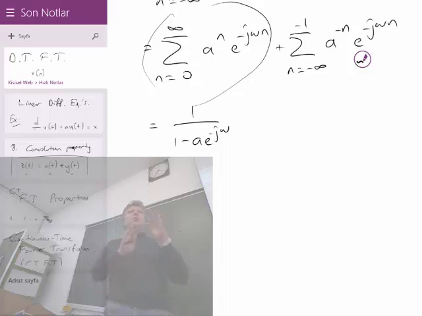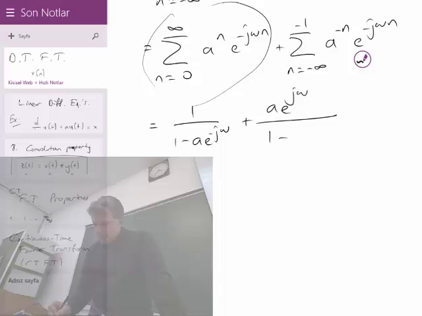So one single term is missing from the power series. You have to subtract from the infinite power series the origin, n is equal to 0 term. When you do that, you will come up with this formula: e to the j omega in the numerator divided by 1 minus a e to the j omega.